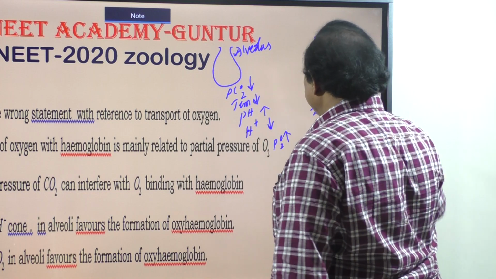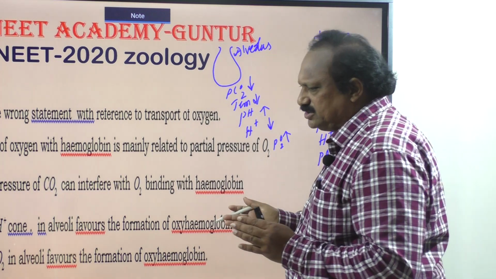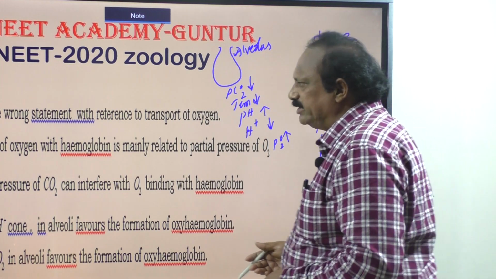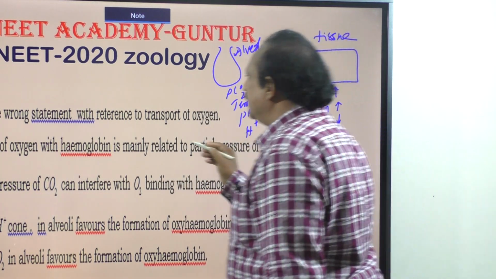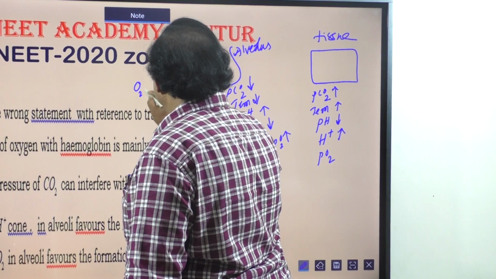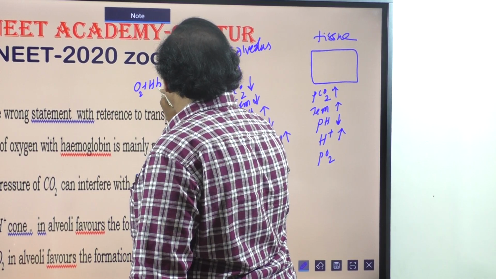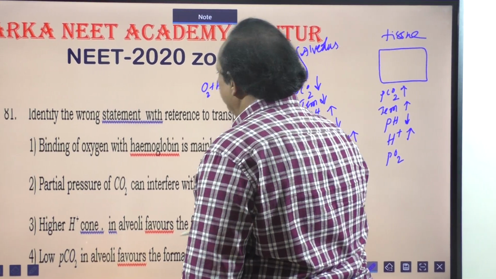Now come to this one. These are very easy factors. Every student knows very well about these factors. Now look at this one. Binding of oxygen. Here in the lungs, the oxygen combines with hemoglobin and forms oxyhemoglobin.